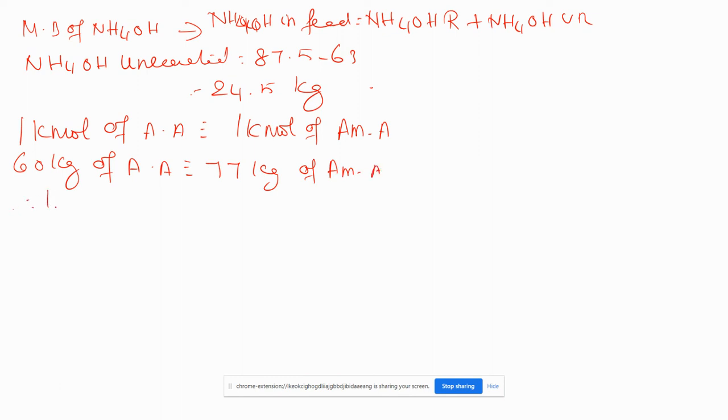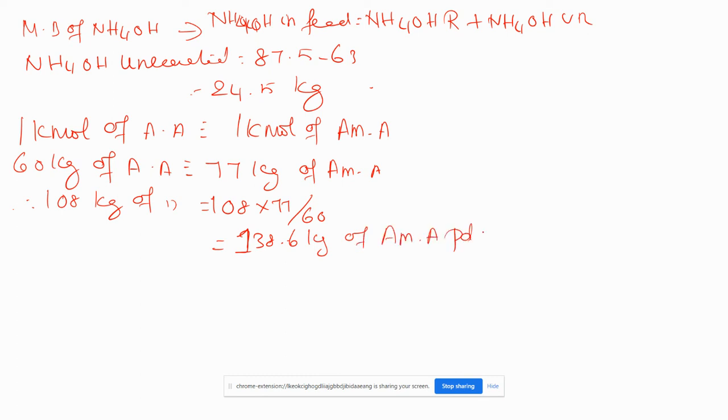Now given that the acetic acid reacted is 108 kgs, you will be having 108 into 77 divided by 60. So you will be having 138.6 kgs of ammonium acetate produced.